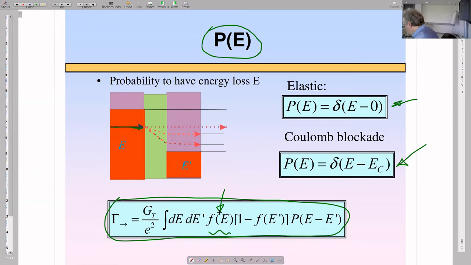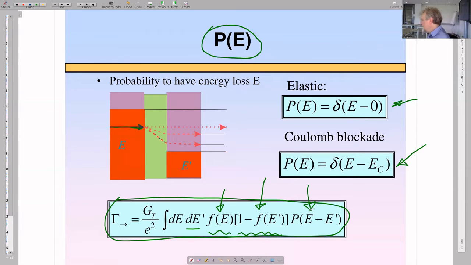All right, it loses energy and it goes to energy E prime, and it has to find a place at this energy. So it's 1 minus the Fermi factor at this energy. And here's a probability. It just gives the probability of this energy loss. Right. So if we know this function, we know the tunneling rate, and we know the current.